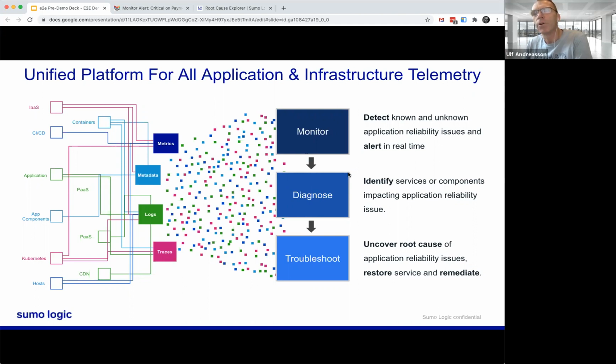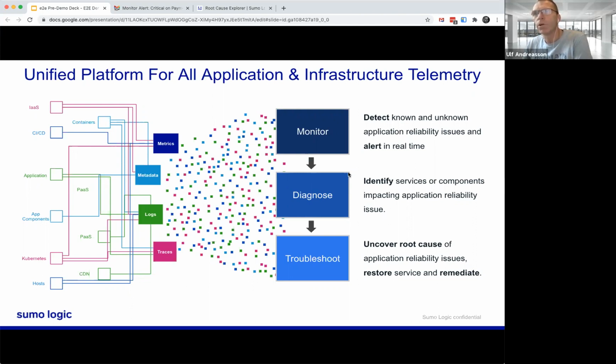So you can really focus on using that data to monitor your environment and applications and detect issues, but also get alerts from it, so you don't have to sit there and watch something continuously. When an issue is developing, you can use the information Sumo has already collected to identify the different services and components that are impacted, and also what kind of problem you have.